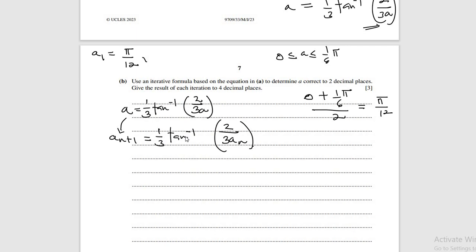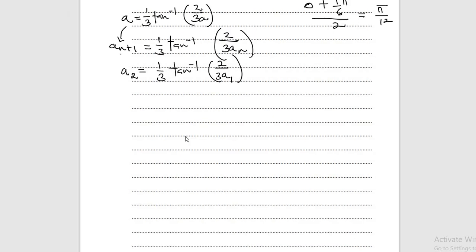We have a1, the next one is a2. At a2, n is 1. When I say a2, this n turns to 1. So we are talking about 3a1 when you are dealing with a2. What is a1? a1 is pi over 12. Substitute a1 inside.